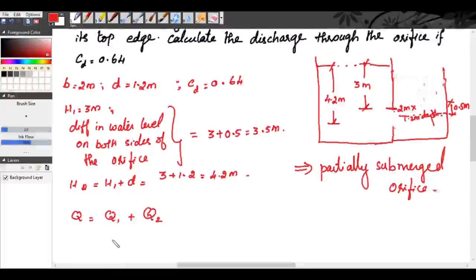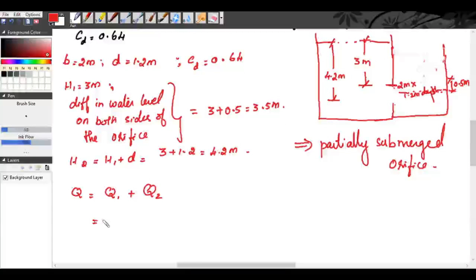So Q1 will be equal to CD into B into D, that is the depth of the orifice, H2 minus H1, right? That is the depth of the orifice, into square root of 2gH.